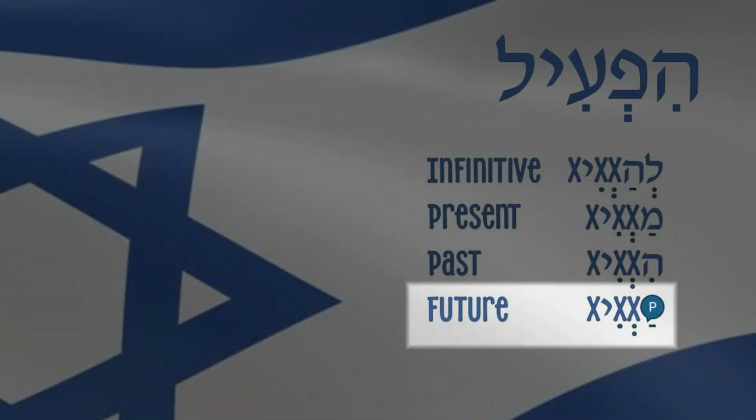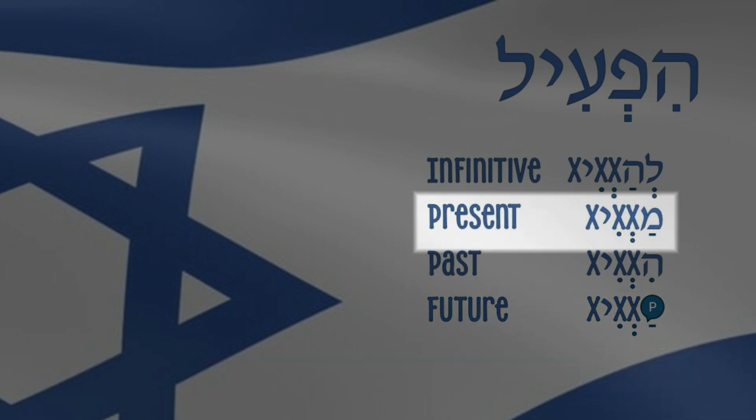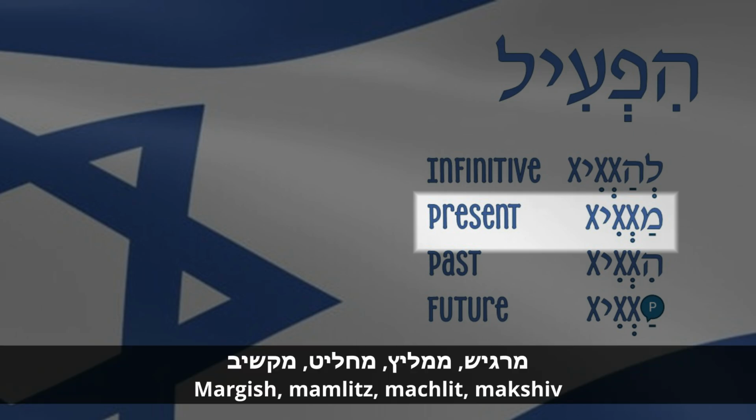The future, as always, matches the infinitive. And so with that ah sound on the personal prefix, so yargish, yamlitz, yachlit, yakshiv. In the present tense, you have the same vowel pattern, but with a mem prefix instead of the hey. So we have margish, mamlitz, machlit, makshiv.